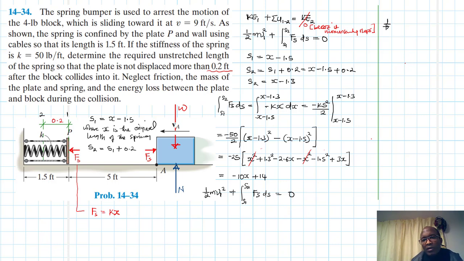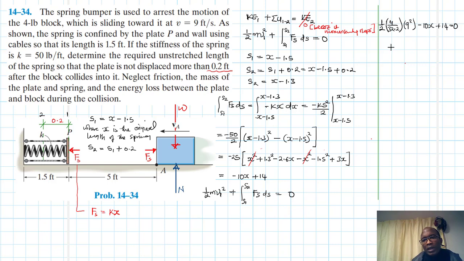So we have half, and our mass is 4 divided by 32.2, times the velocity, which is 9 squared as shown, then minus 10x plus 14 equal to 0.